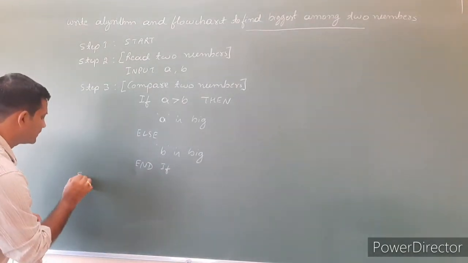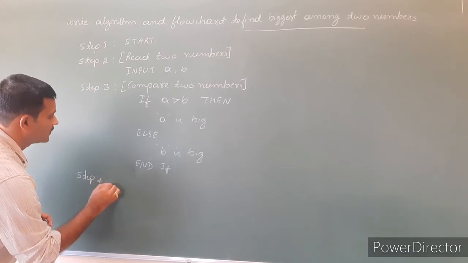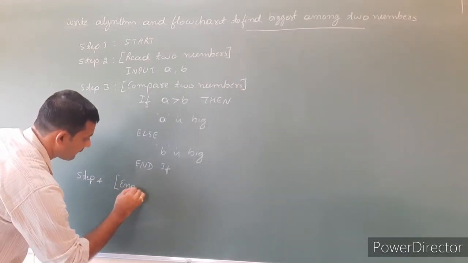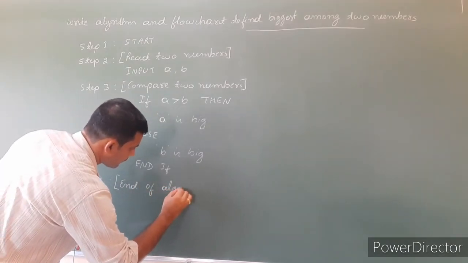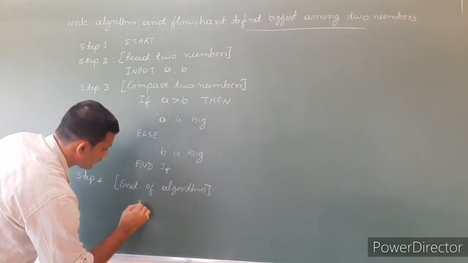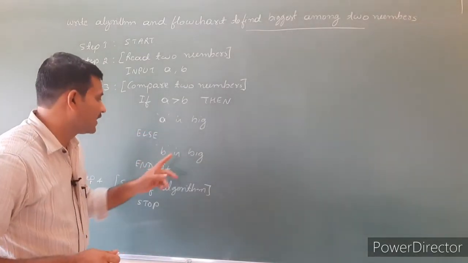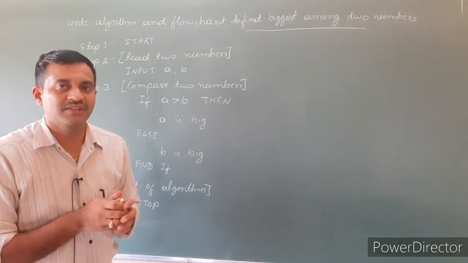Then after that, step 4, end of algorithm, stop. See here, A is big and B is big are the outputs.